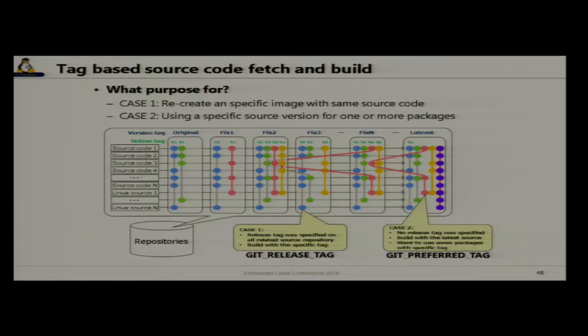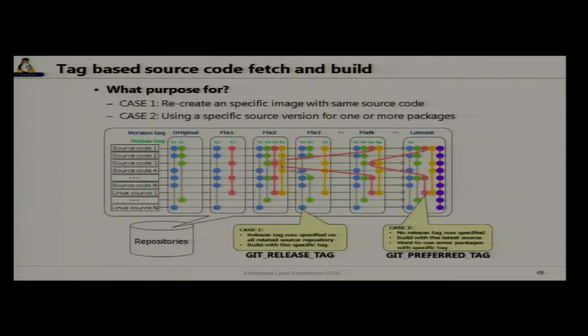So this is the next feature, which we call tag-based source code fetch and build. The purpose of this one is to recreate a specific image using exactly the same source code and exactly the same commit tag. The second use case is using a specific source code version for one or more packages.